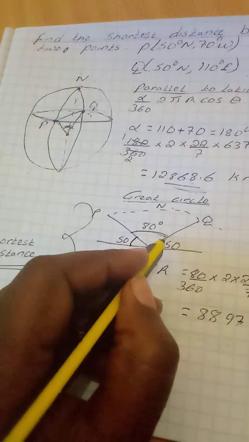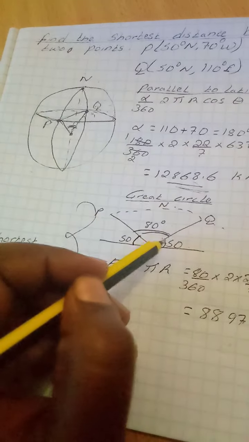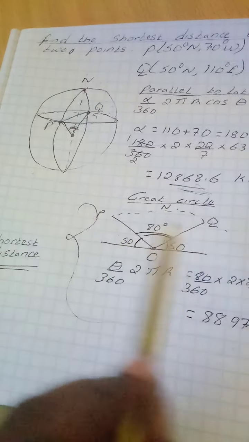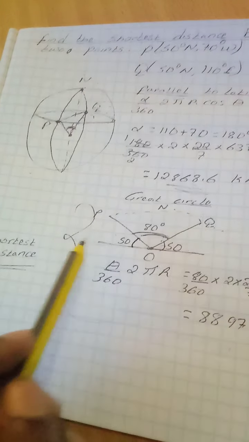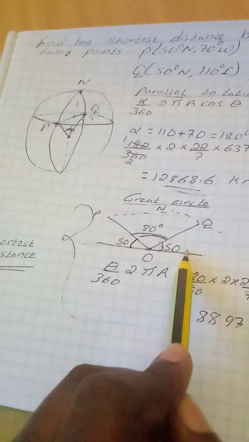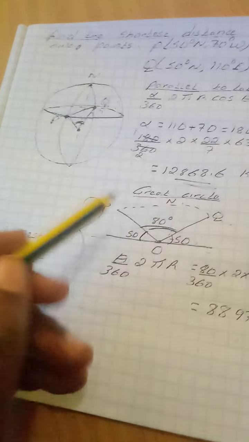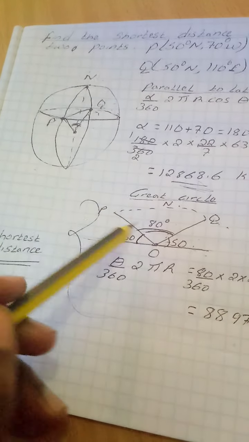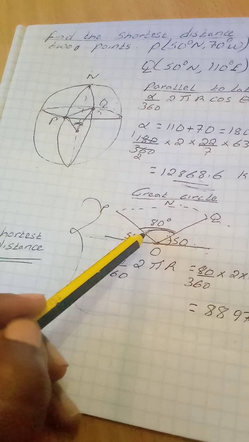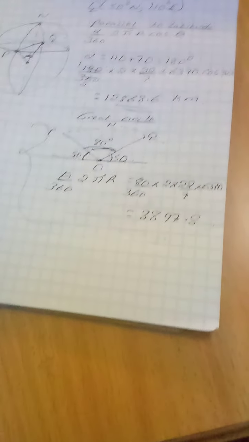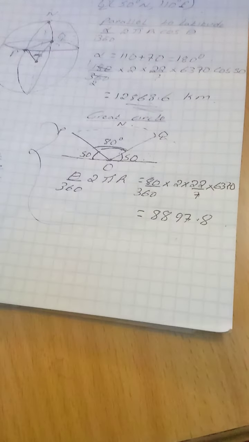So the angle between them viewed from the North Pole is supposed to be 180 minus, because 180 is a straight line. So 180 minus (50 plus 50), that is 180 minus 100, it's 80 degrees. Then we use the formula of great circle.